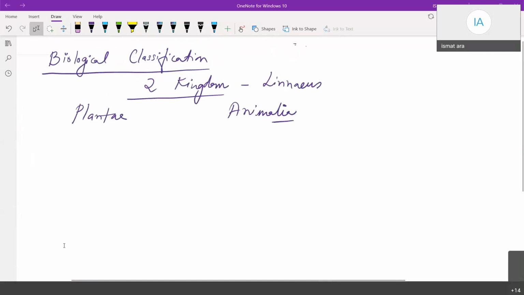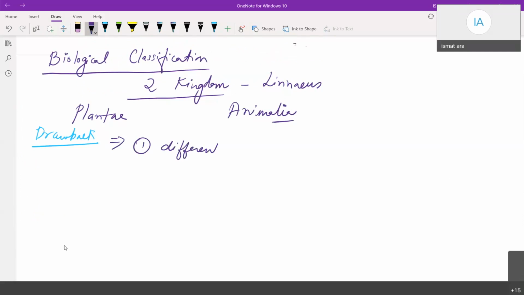Number one, first point: differentiation of prokaryote and eukaryote was absent.